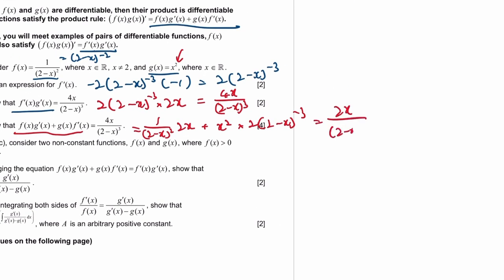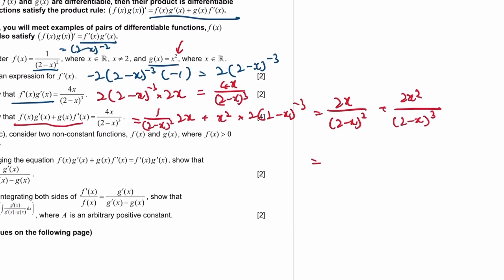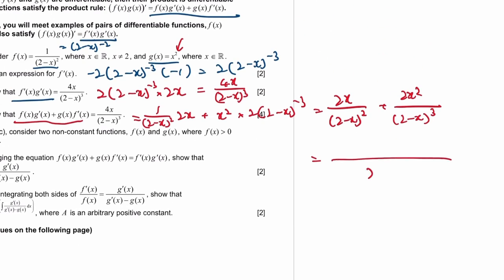So you're supposed to show a little bit of working to convince the marker that you didn't just write down the answer, because the answer is given, right? So you have to show some working. So the 4x minus 2x squared.